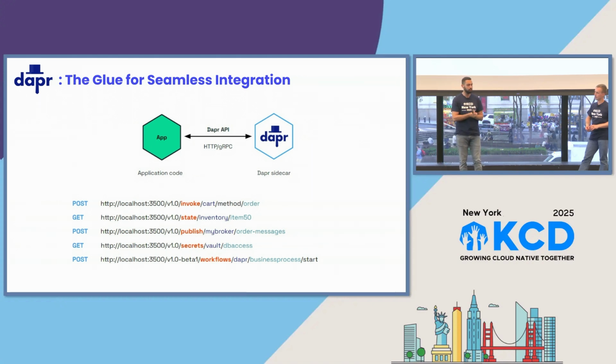As you can see in the catalog here, we've got a set of API endpoints for external processes. For example, to communicate with another microservice, you can go with the invoke POST request. To manage the state, you can go with the state and the publish, and there is a long list that you can use with the Dapr sidecar.